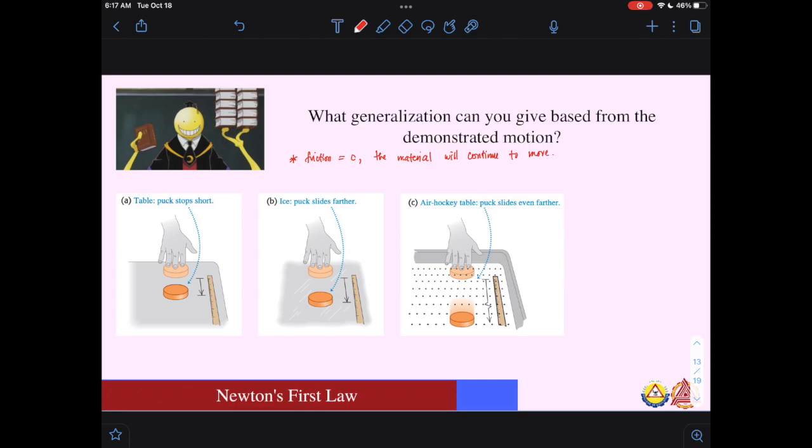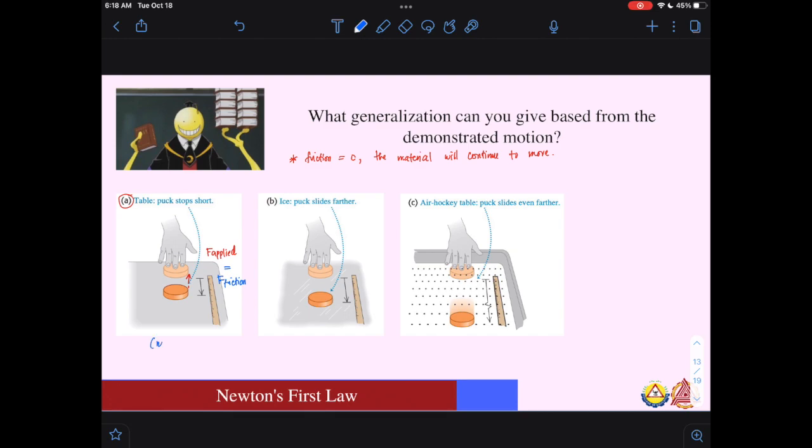First, case A. Now, in the first case A, class, this is what I want you to notice. If there is an F applied and there is also friction, the friction is opposite to the applied force. If F applied and F friction are balanced, meaning they are equal, what will happen if F applied and F friction are balanced with the puck on a very rough table? Will it move or not? No motion.